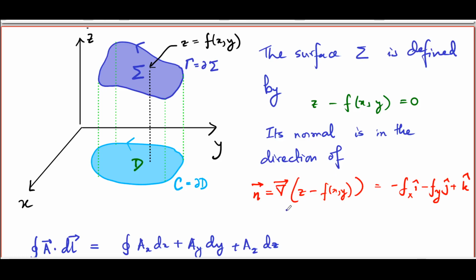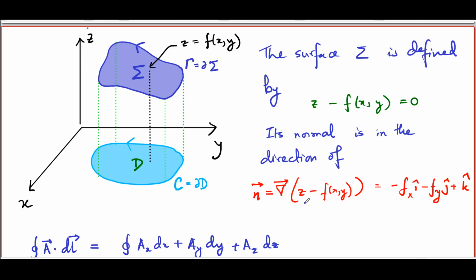So n vector here is simply given by this gradient, which is minus del f del x i hat, which I have just shortened as fx, minus del f del y j hat plus 1, which is del z of this z, times k hat. So n vector dot k hat, which is going to go into the denominator of the corresponding double integral, is simply going to be 1.